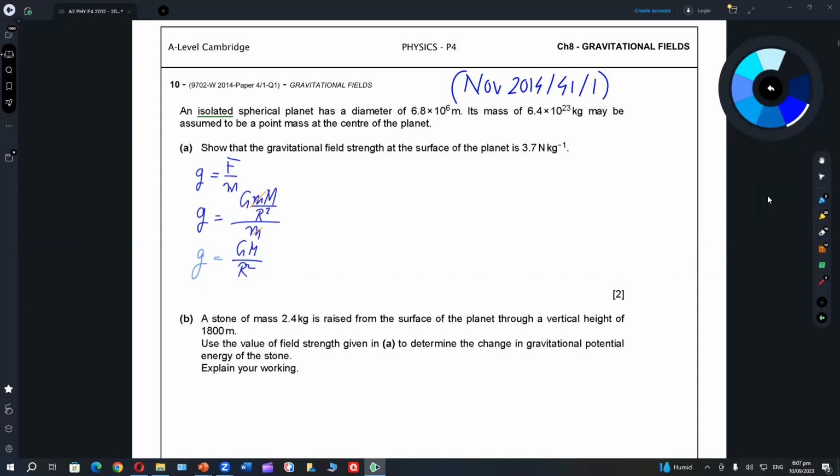He has given us the diameter, so I can find the radius, and he has given me the mass also. The mass is given, 6.4 times 10 to the power 23, and radius is equal to diameter upon 2.